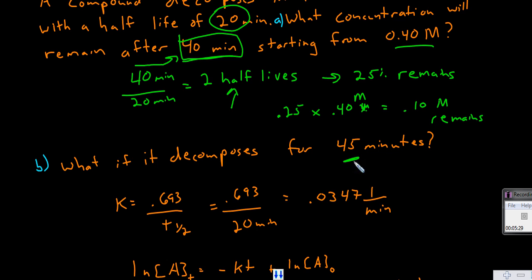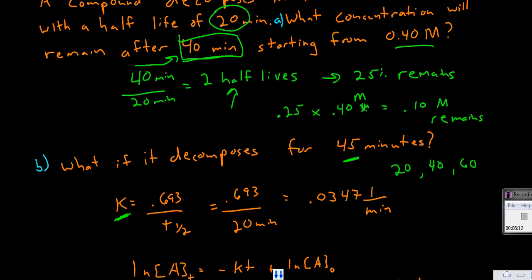Well then, you know that 20 minutes is one half-life, and 40 minutes is two half-lives, and 60 minutes is three half-lives. You aren't given a whole number of half-lives, so you have to take your half-life and solve for the rate constant. Half-life is equal to 0.693 over k, and k is equal to 0.693 over half-life. 0.693 over 20 minutes, the rate constant is 0.0347 reciprocal minutes, 1 over minutes.